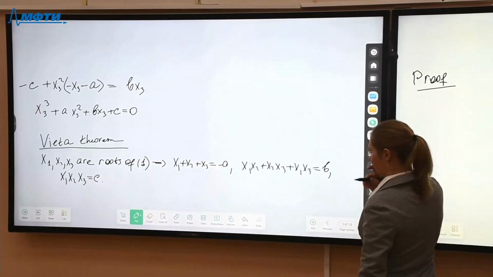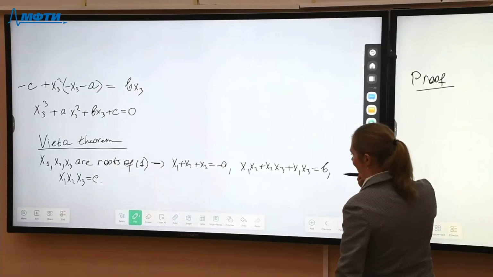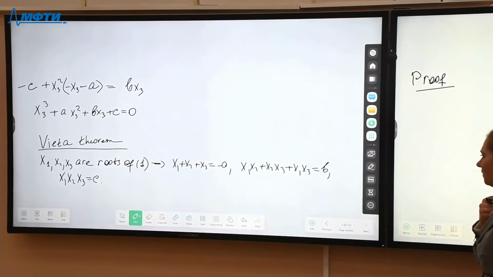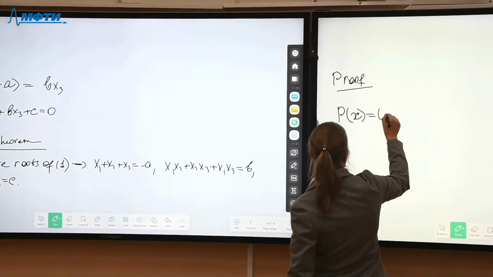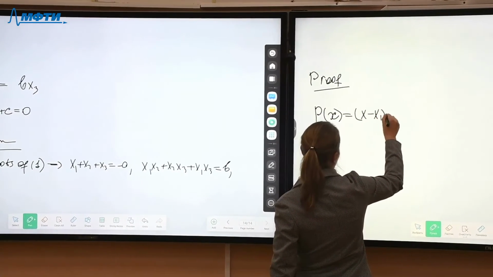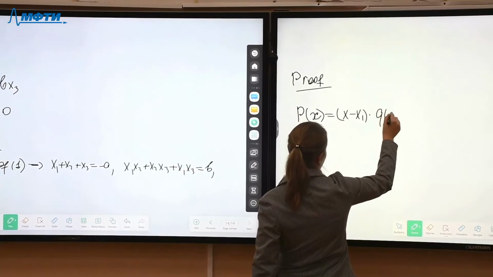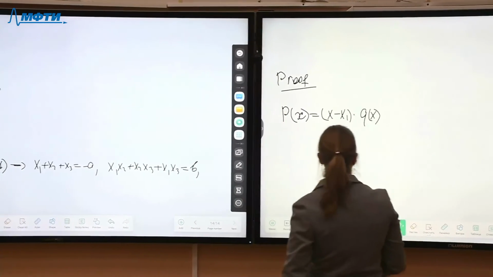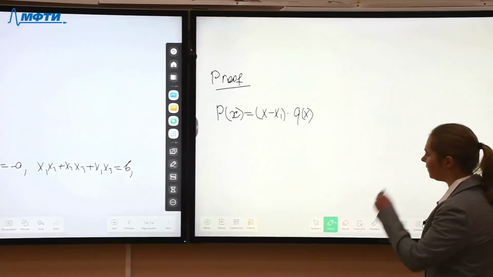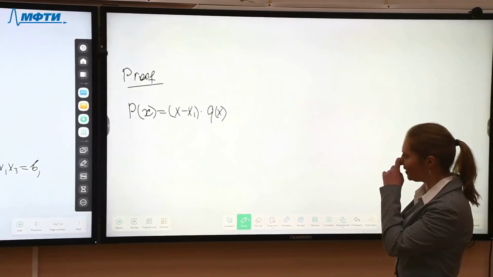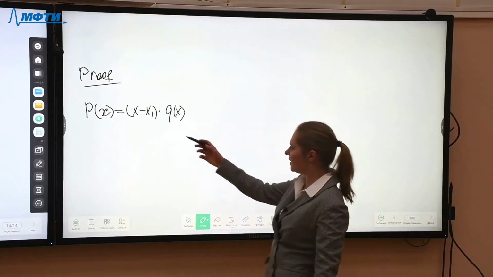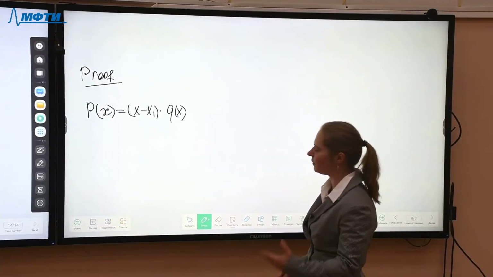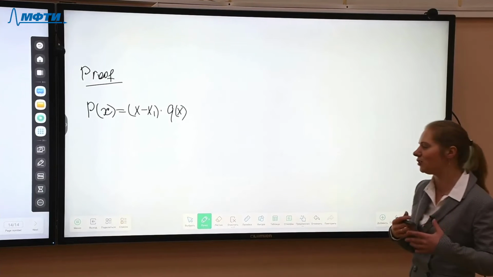So we have that x1 is a root of this polynomial. So we can say that p of x is x minus x1 times q of x, where q of x is the quotient of division of p of x by x minus x1. And obviously, q of x is a quadratic trinomial.